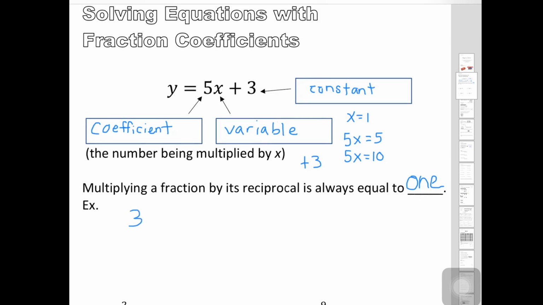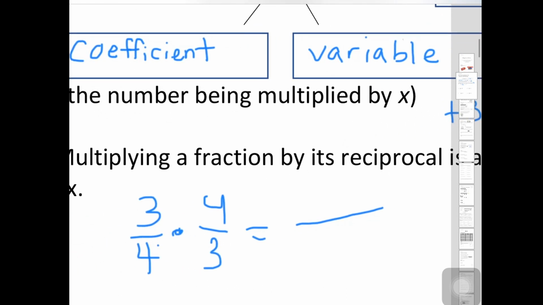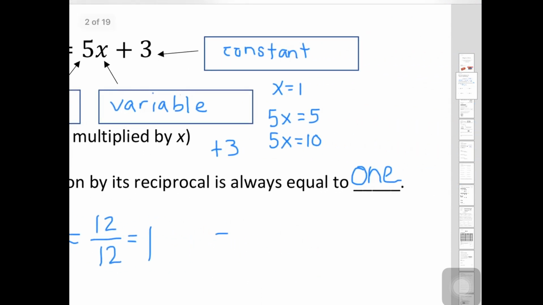An example of that, if you had 3/4 and you multiplied it by its reciprocal, which means that's when we flip that fraction over, 4/3, what you'd end up with is 3 times 4 is 12, and 4 times 3 is 12, and 12 divided by 12 is 1. So anything multiplied by its reciprocal is always 1.